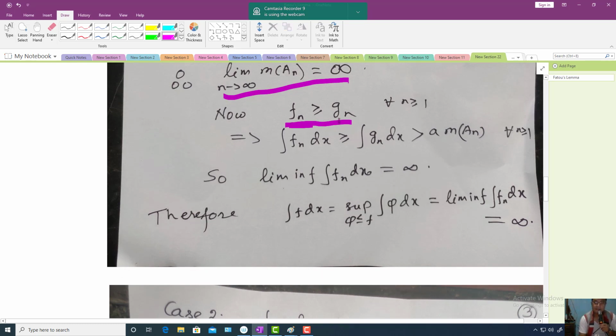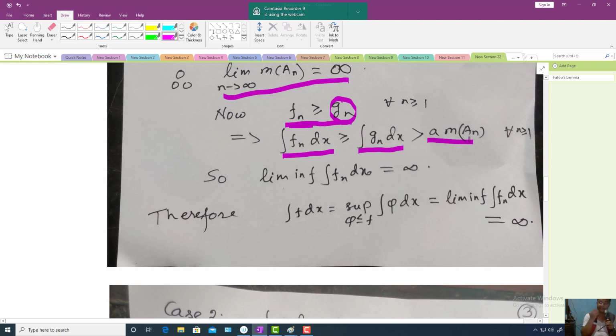So this function is greater than or equal to this function, therefore by the property, the integral of this function is greater than or equal to the integral of this function. So you get this integral. But the integral of g_n dx is greater than the measure of A_n.